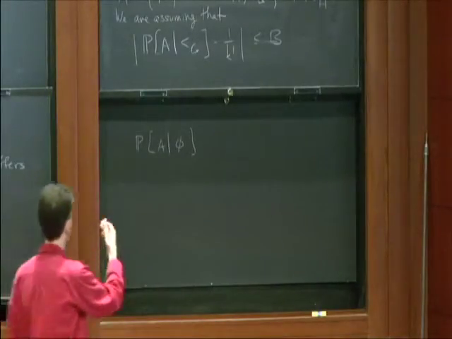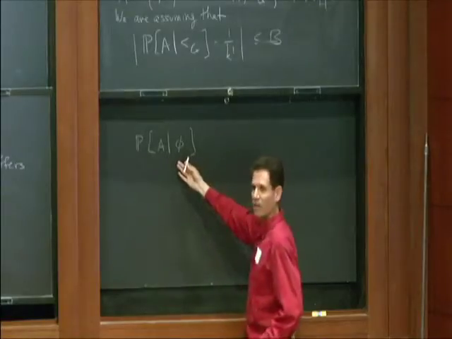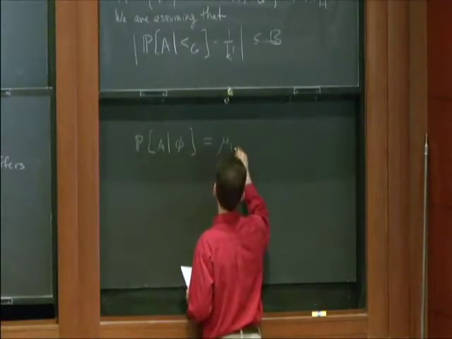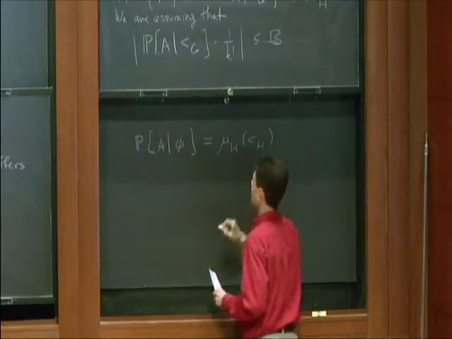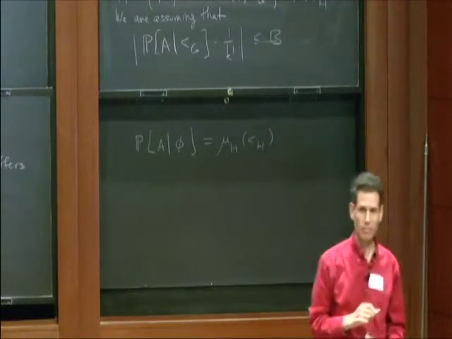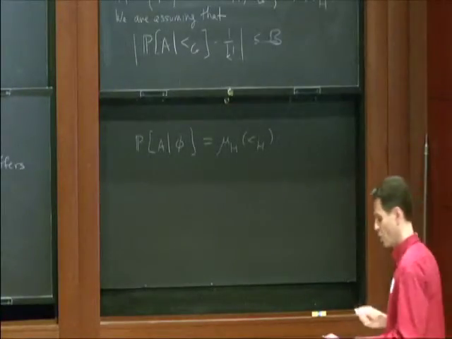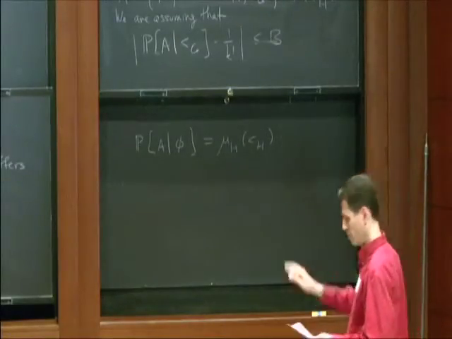So you fix phi, then the probability of A is mu sub H of that particular ordering. Okay? So those are our two assumptions here.